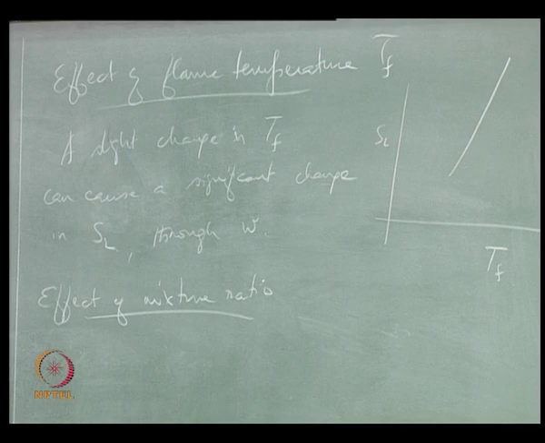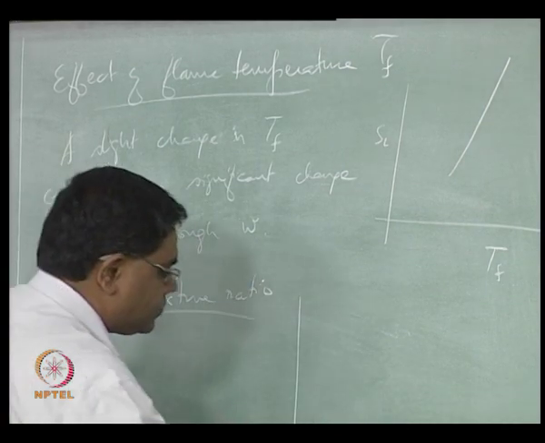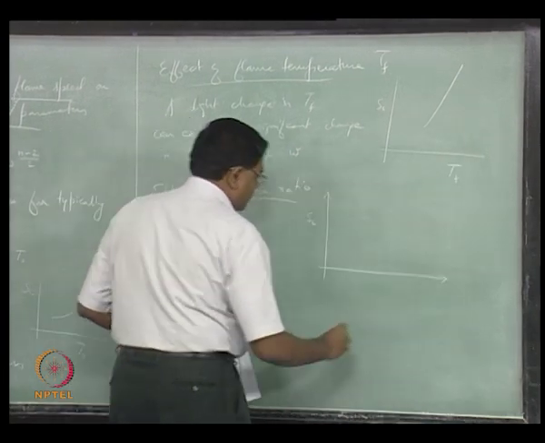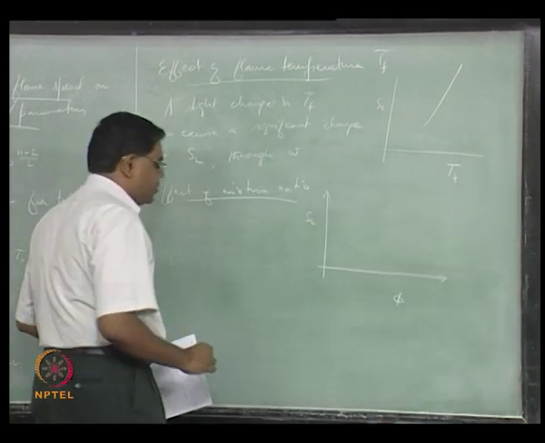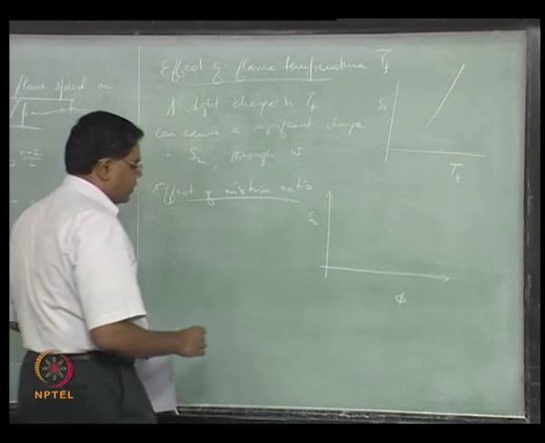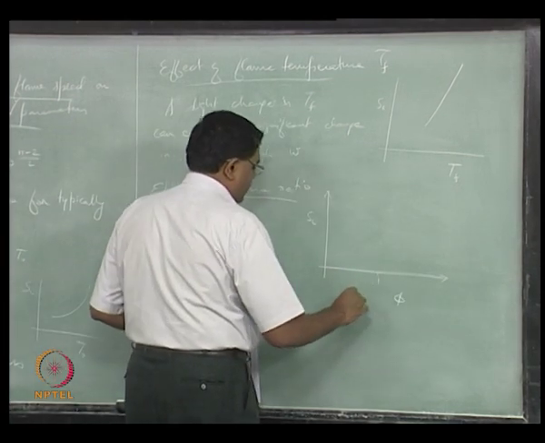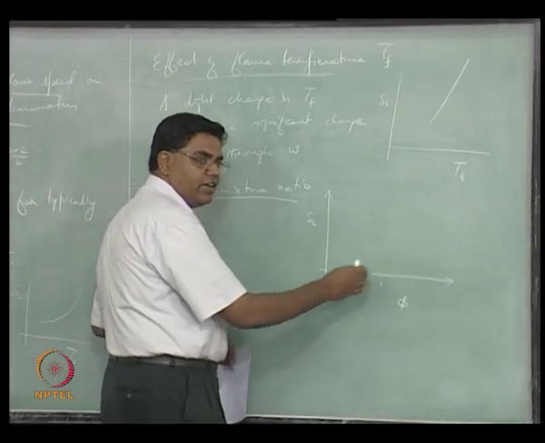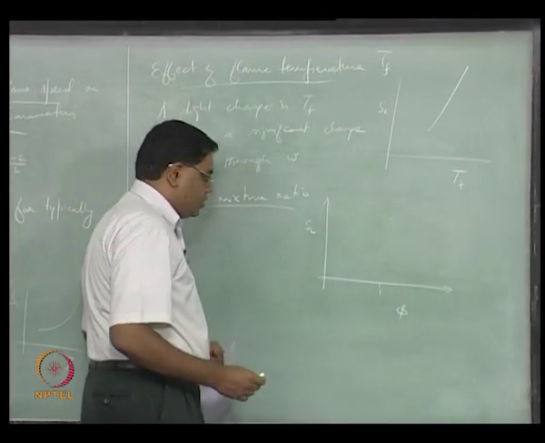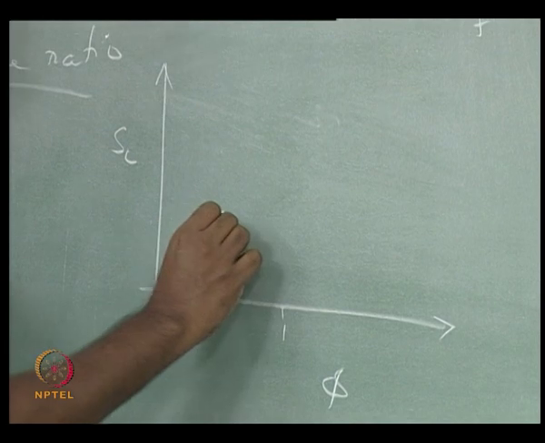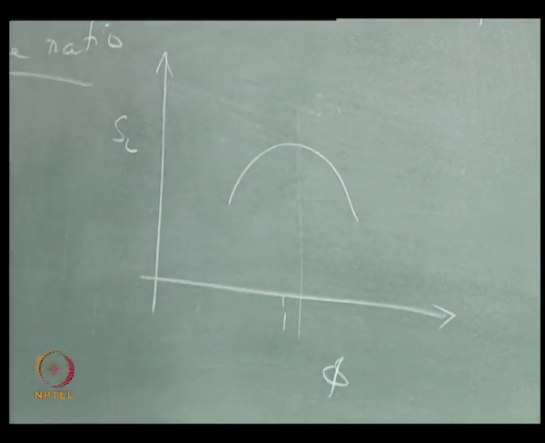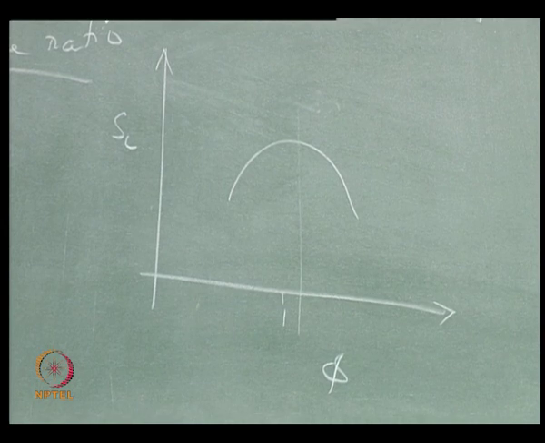So here what happens is SL versus let's say equivalence ratio, and of course you can think about equivalence ratio 1 as stoichiometric, and then less than 1 is fuel lean, greater than 1 is fuel rich. You should typically look forward to curves that are like that with a peak a little bit off in the fuel rich region.